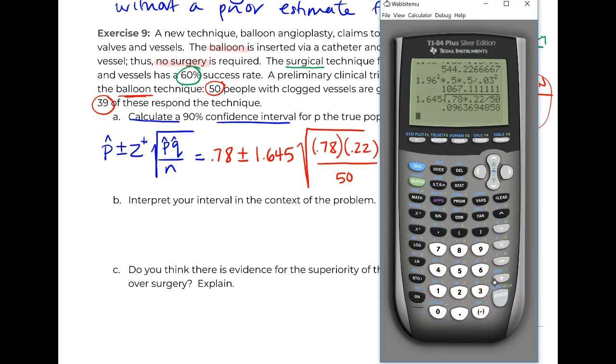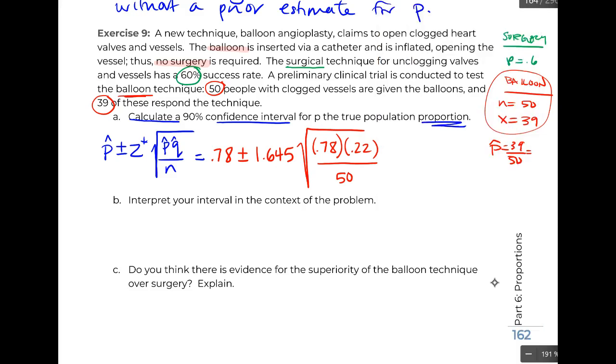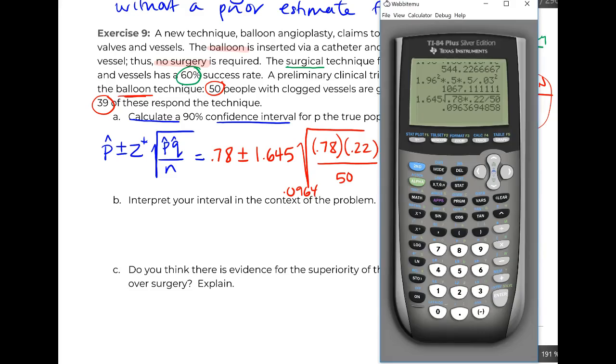So you get out that 0.0964. And then I would add and subtract that. So 0.78 minus 0.0964 and 0.78 plus 0.0964. So you get 68.36 and 87.64.